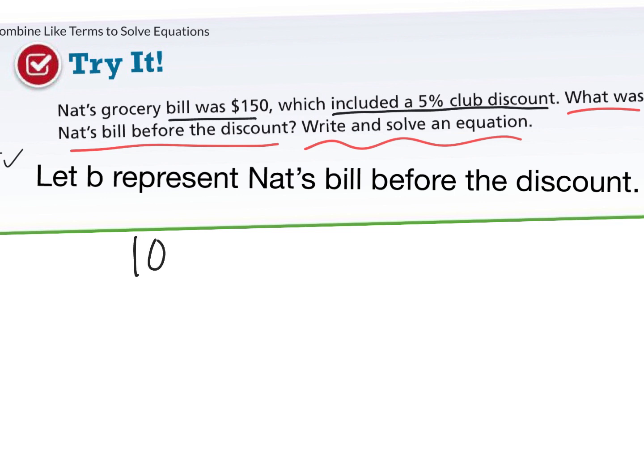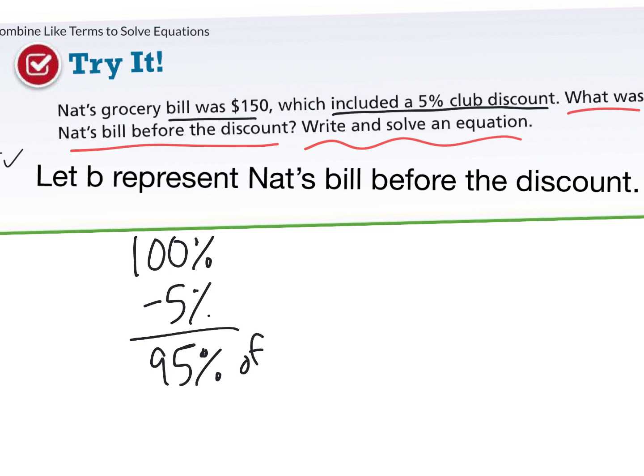So full price would be 100%. We're saving 5%. So if we take off 5%, 100% minus 5% is going to be 95%. Okay, so 95% of the original bill is what we've got here.